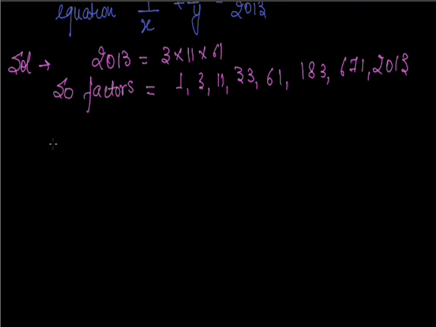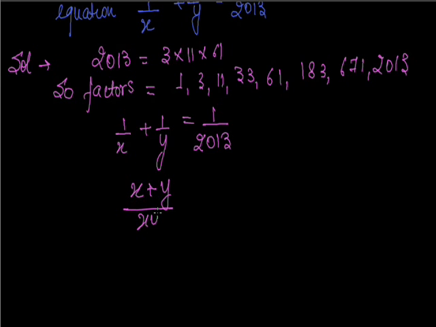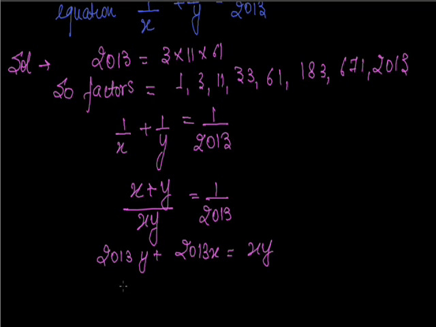Now it is given that 1 upon x plus 1 upon y is equal to 1 upon 2013. Let us solve this equation. We write it as (x plus y) upon xy is equal to 1 upon 2013. Simplify it: 2013y plus 2013x equals xy, so xy minus 2013x equals 2013y.